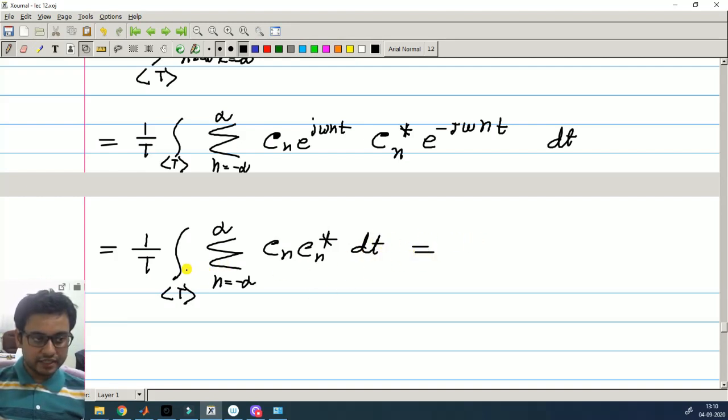Now we can interchange the integration and summation, the order of them. So let's put the summation first, then the integration.